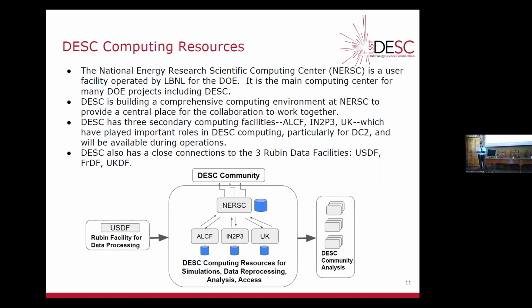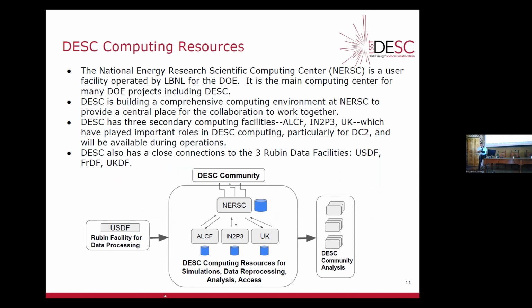DESC computing resources: computing is extremely important within DESC. The National Energy Research Scientific Computing Center, the so-called NERSC, is a user facility operated by DOE, and it is the main computing center for a lot of DOE projects, including DESC.